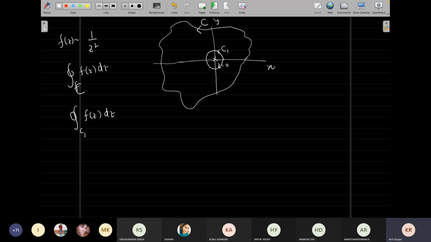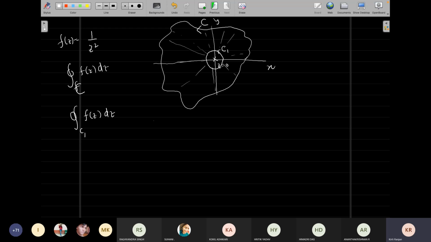So what is happening? Look at this 1 over z square function. It does not matter where I am going to take this C or C1, because this function is analytic everywhere between C and C1. And hence I can use the previous point, the path deformation one.